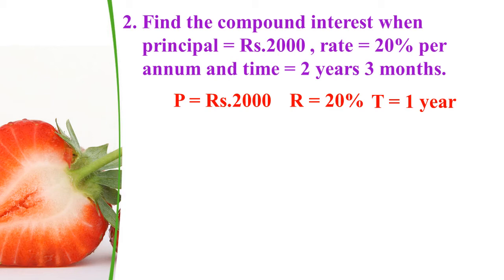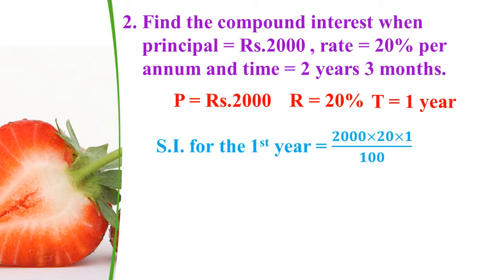Already we know how to calculate simple interest. Simple interest formula is P into R into T by 100. Simple interest for the first year. Here P is 2000, R is 20, T is 1. So 2000 into 20 into 1 by 100.